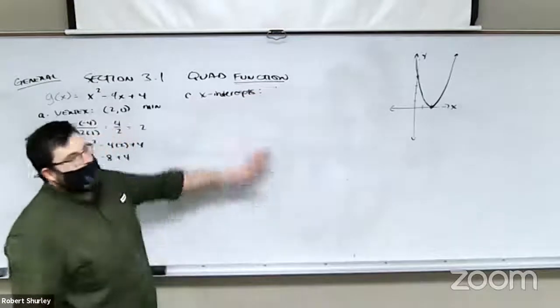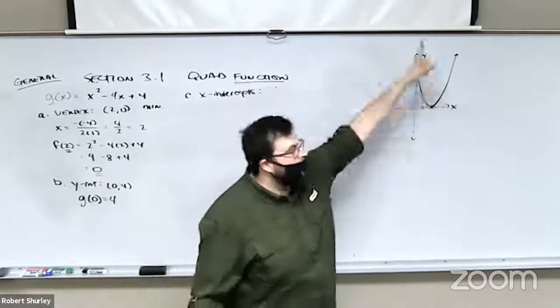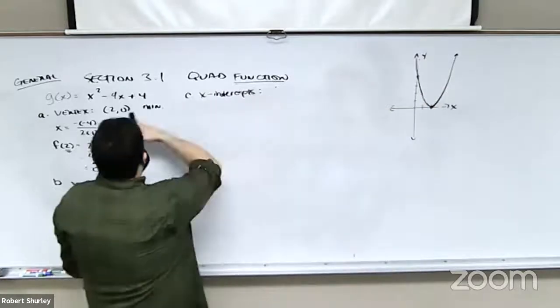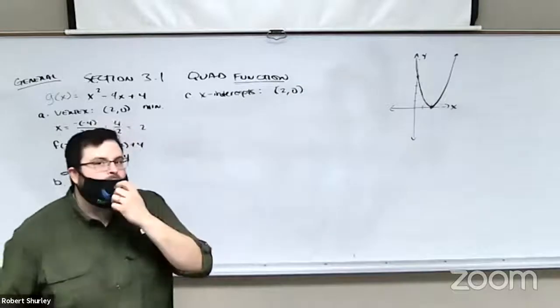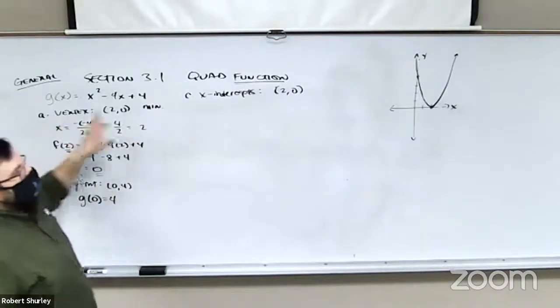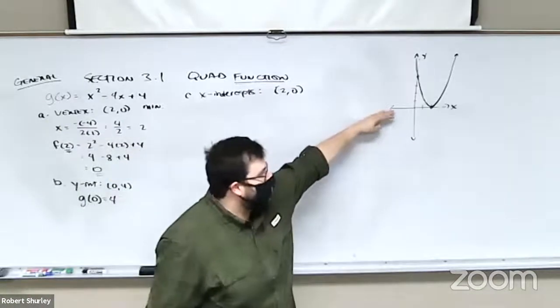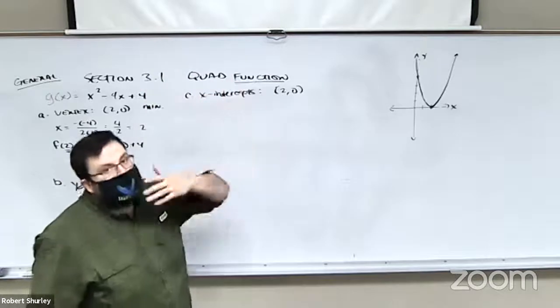There's only one x-intercept for this one because it bounces. It touches that 2 and it goes the other way. So the x-intercept's exactly the same as the vertex. This is a very special case. Whenever your vertex is on the x-axis, it means it's also the x-intercept.